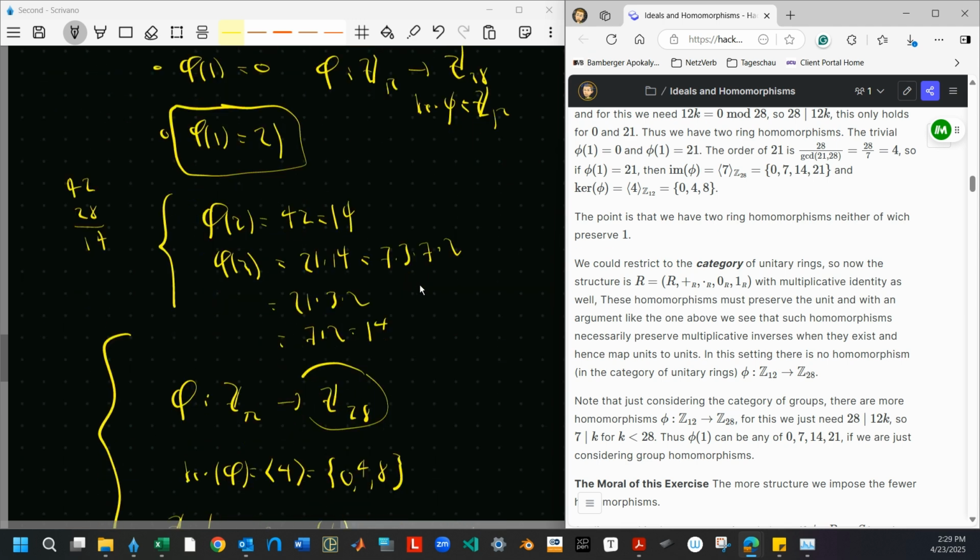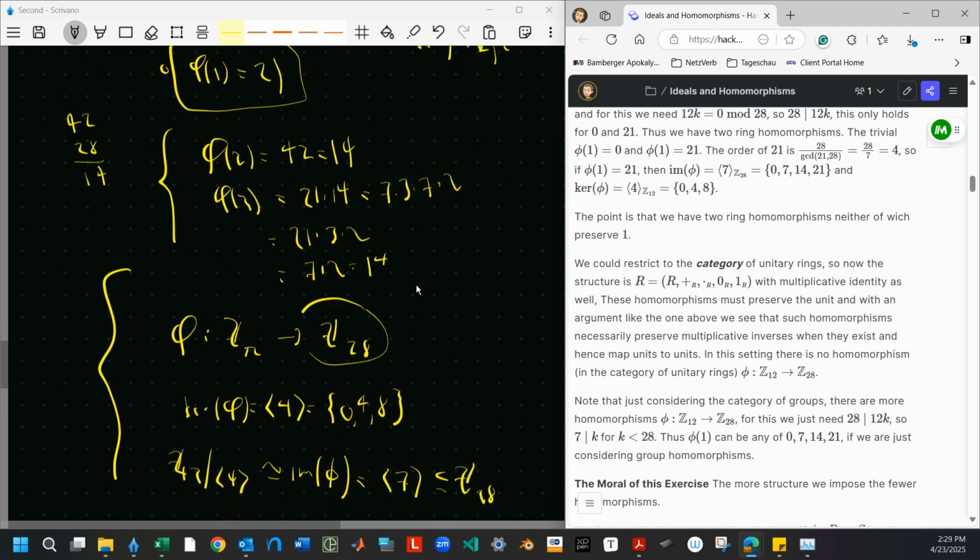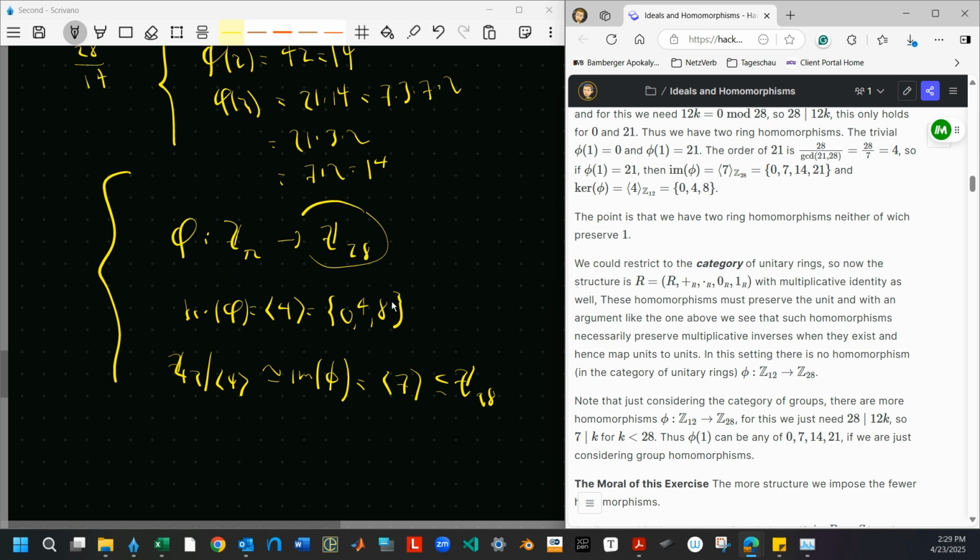Is it the case that there's a unit in this? I mean, that's another question. So if we look at this thing itself, let's see. So 7 times 7 was 21, which is not there.